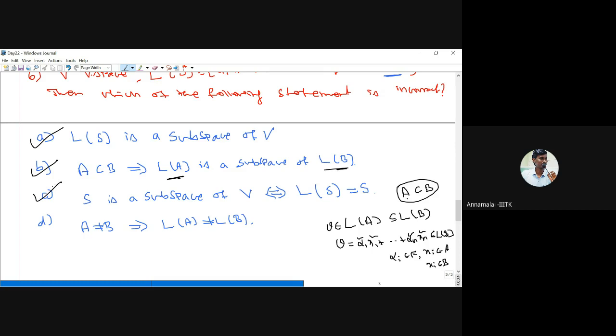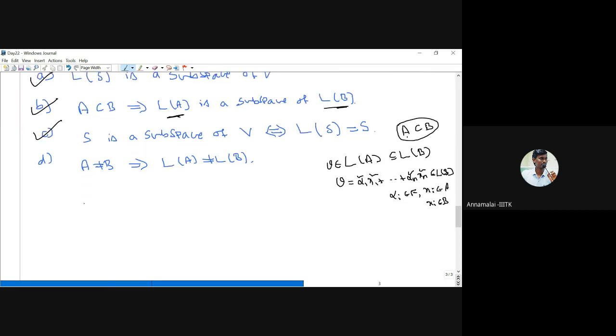Now look at the last option. Suppose you have two different sets, that is A not equal to B. Need L of A be not equal to L of B? Sometimes L of A equals L of B. Why? For example, in the real case, suppose I am taking R2.